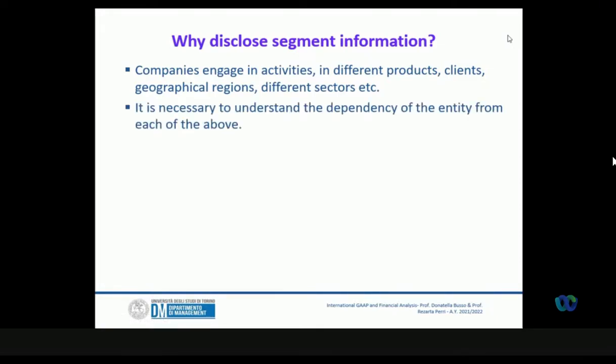That is why it is necessary to understand how much the entity is dependent on a specific sector or on a specific customer, because this helps the users of financial information to assess the risk of the company. Again, I need to know how much the company is exposed to a certain client or to a certain region in order to assess the possible risk the company is undertaking.